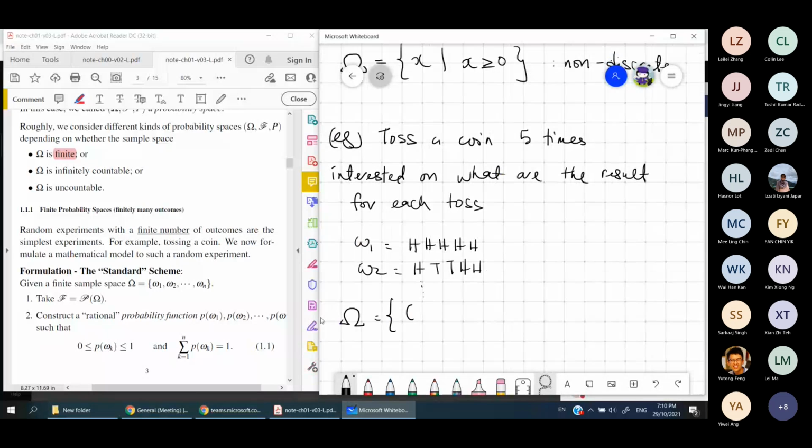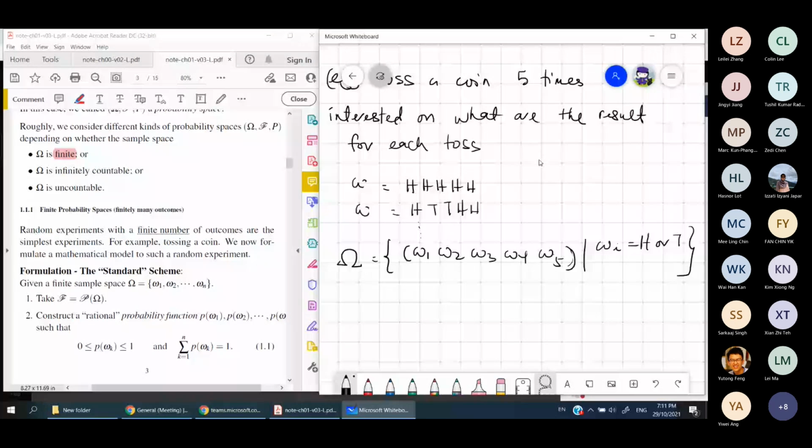So let's say omega is this: omega 1, omega 2, omega 3, omega 4, and omega 5. Each omega i will be either head or tail. Here you can easily count how many possible outcomes you can have. The number will be 2 power of 5.